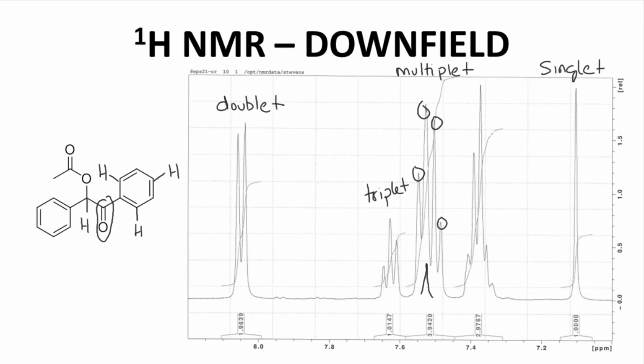The doublet would be from the ortho hydrogens on the other ring, and the triplet would be the meta hydrogens on the first ring. The 3 hydrogens at 7.4, again a multiplet, are just the remaining meta and para hydrogens on the other ring.